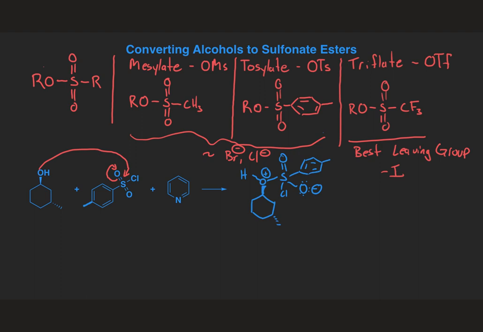And in a second step, the electrons on oxygen are going to kick back down to sulfur, which kicks this chloride off, to give this intermediate here.